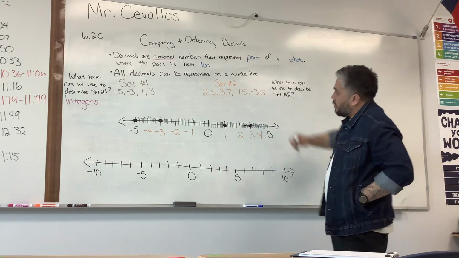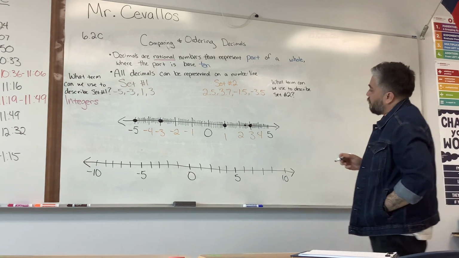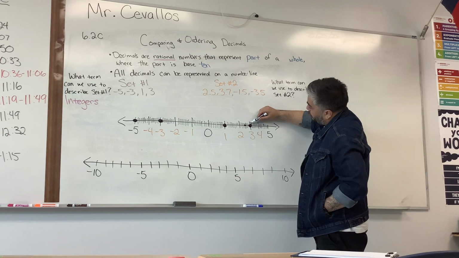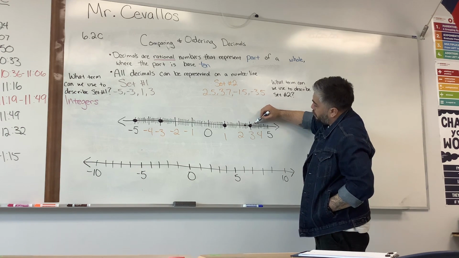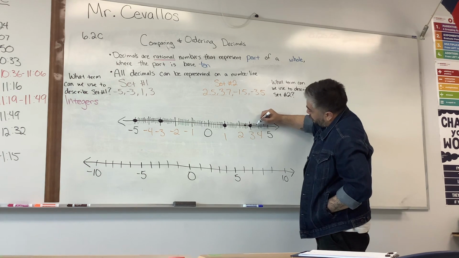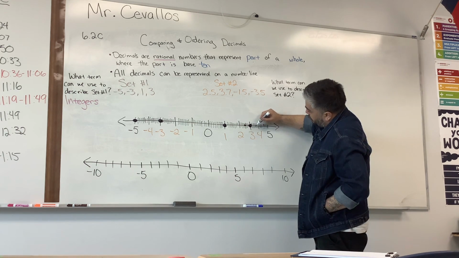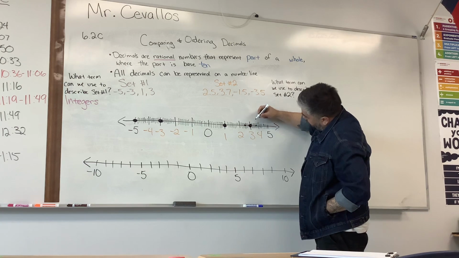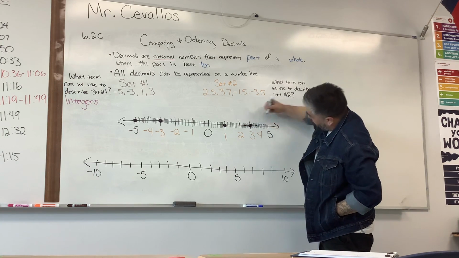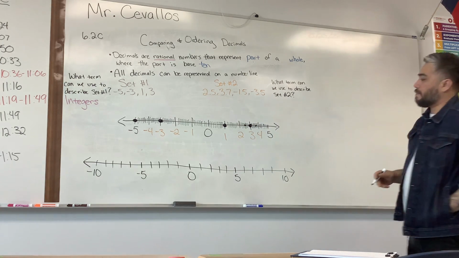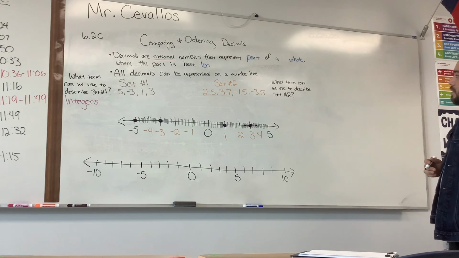Then when we plot 3.7: 3.1, 3.2, 3.3, 3.4, 3.5, 3.6, 3.7. It's going to be a little bit further away from that midway point. But again, we can place it on this number line.